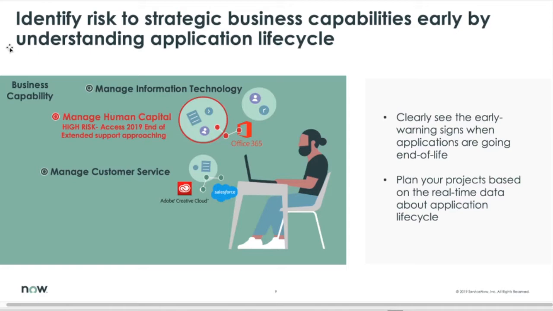Those high risks might be related to end of life warnings and activities. It might be that we actually have a gap. Maybe we don't have an application for that capability. It's a new emerging capability. Or maybe we have 5 applications for that capability, and we have an opportunity to do some consolidation. So it gives you some visibility and insights based upon the capabilities you need to run the organization.